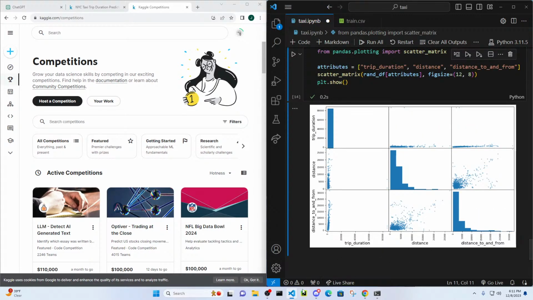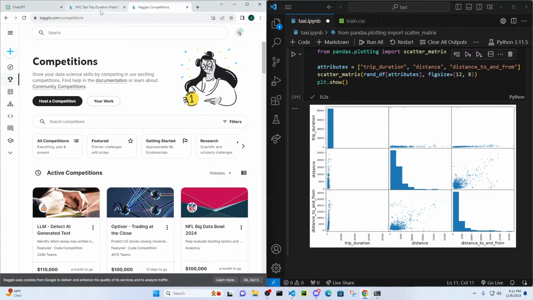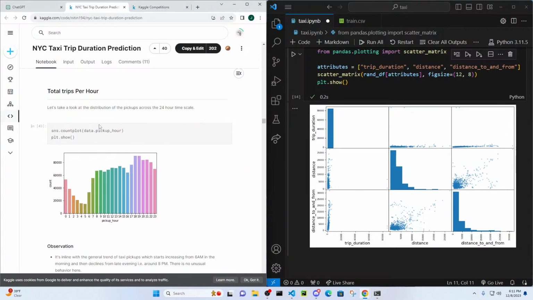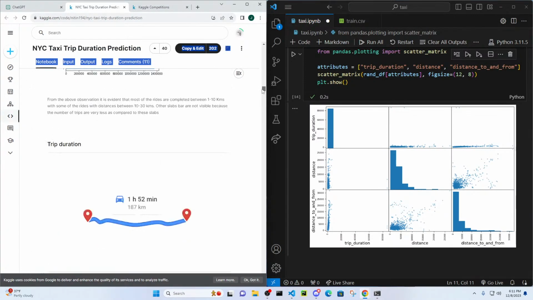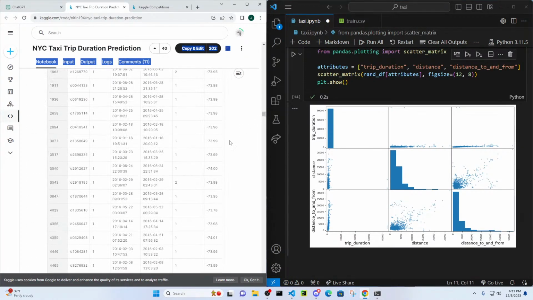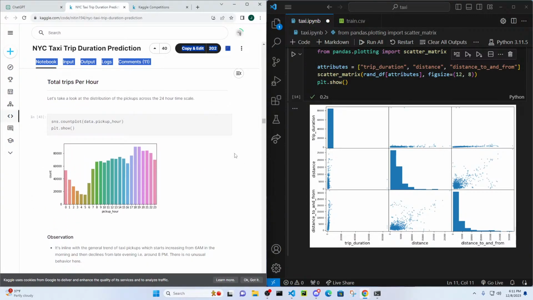And then Aditya, who's not going to be here tonight, went ahead and shared this guy's notebook that did the same project that we did. And man, he just breaks down the data so well.